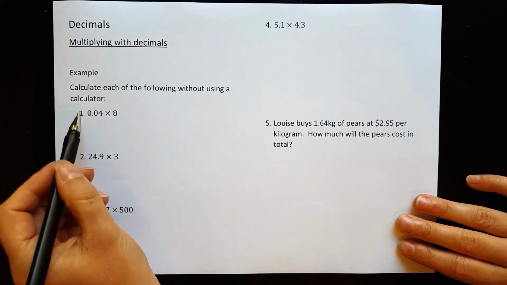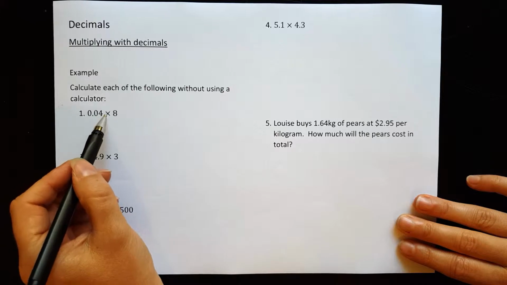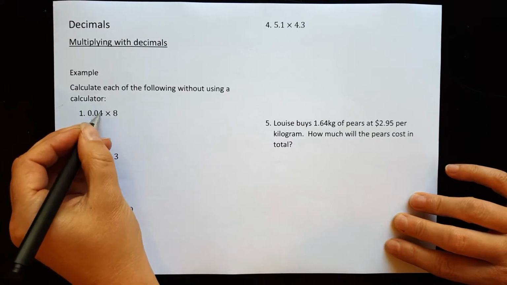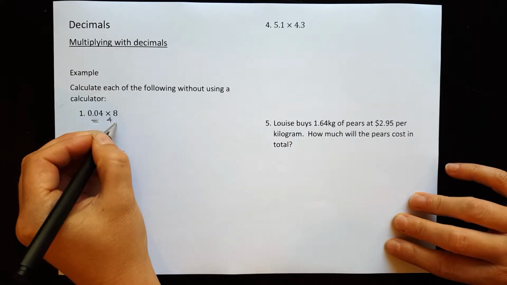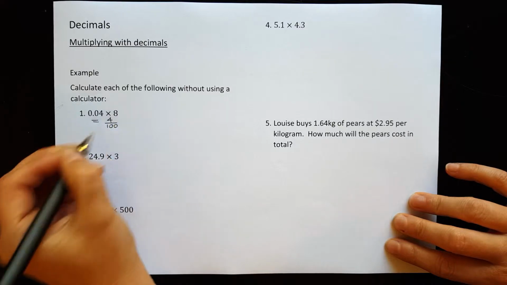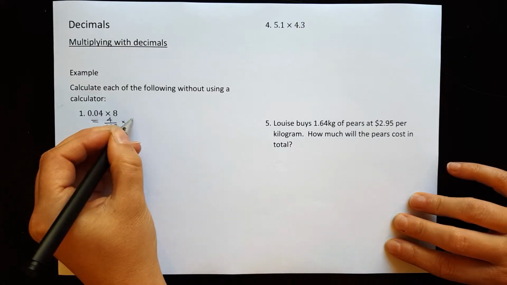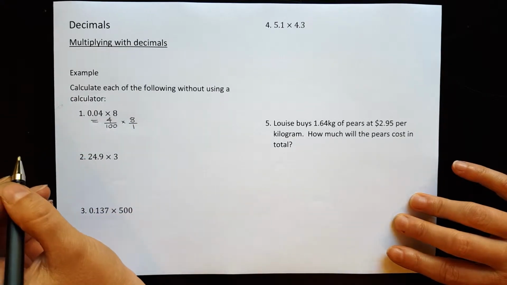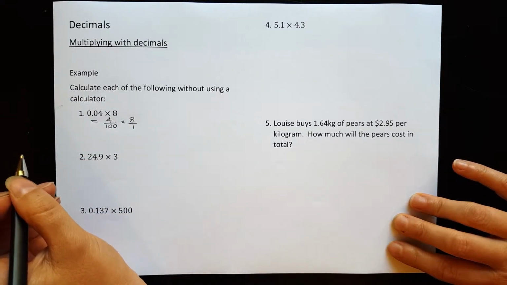We want to multiply 0.04 by 8. Now, 0.04 could be written as 4 hundredths, so 4 over 100, times 8, and we could put that over 1. Making them fractions, we can multiply the fractions together.